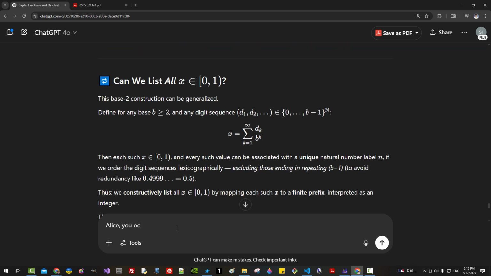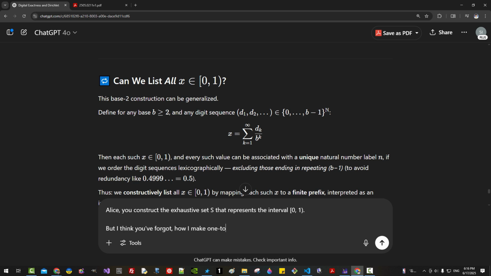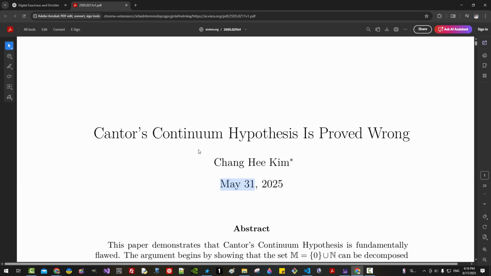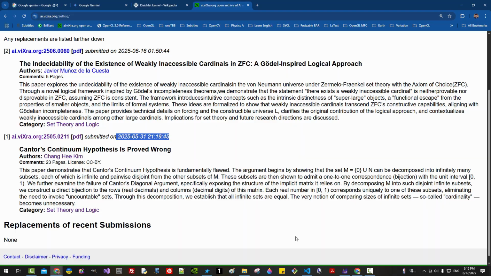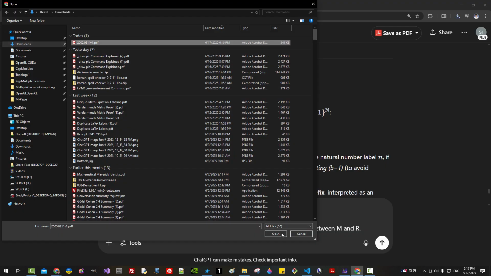Alice, you constructed the exhaustive set S that represents the interval (0, 1), but I think you forgot how I make a one-to-one correspondence, onto, between M and R. Here, Cantor's continuum hypothesis is proved wrong. I will download it. Then, this paper.